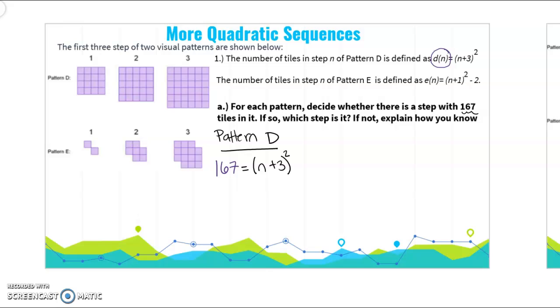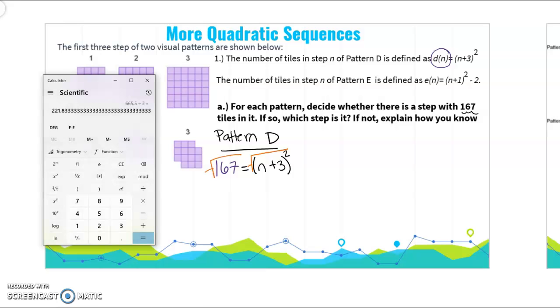It looks similar to what we were looking at yesterday, trying to get rid of this squared, or this power of 2. So I need to take the square root of both sides. Now, I don't know what the square root of 167 is, but let's plug it into our calculator and see. I get 12.922 with a bunch of numbers.